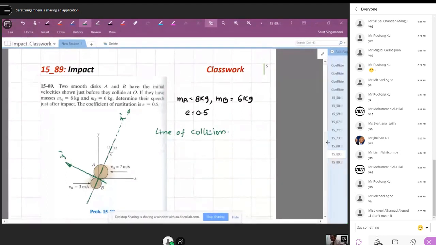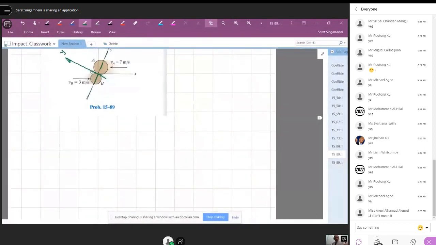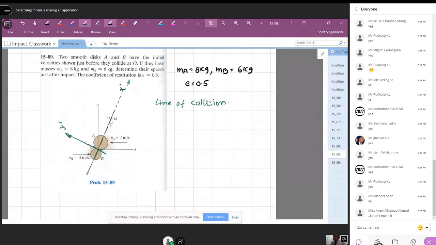During the collision, the velocity components along x and y, we need to resolve this vector, which is the initial velocity of A, as a vector component along x dash and as a vector component along y dash.